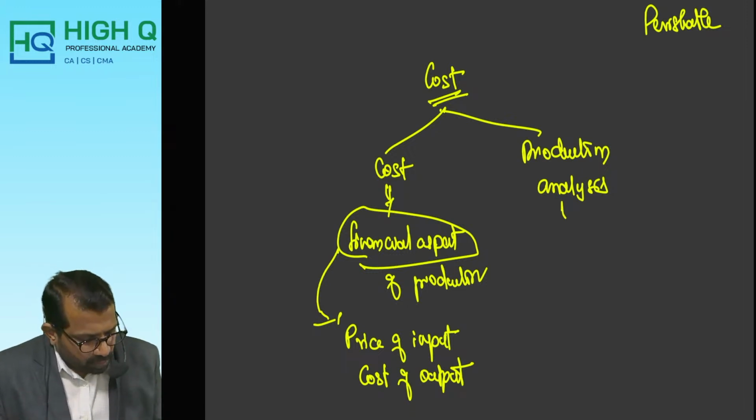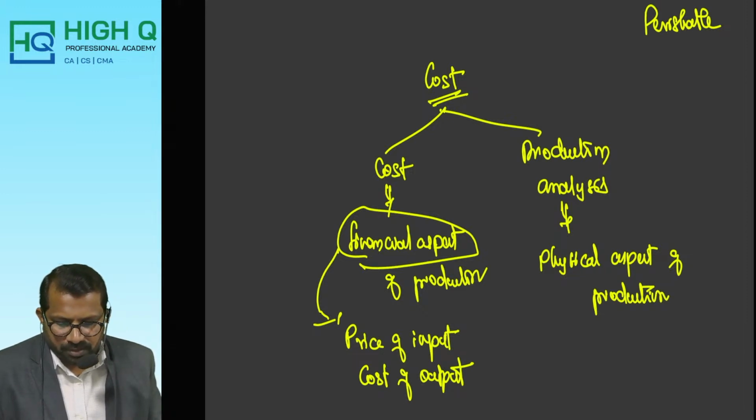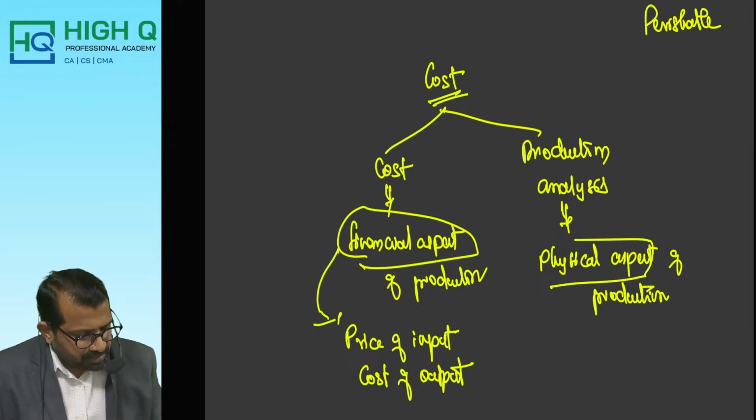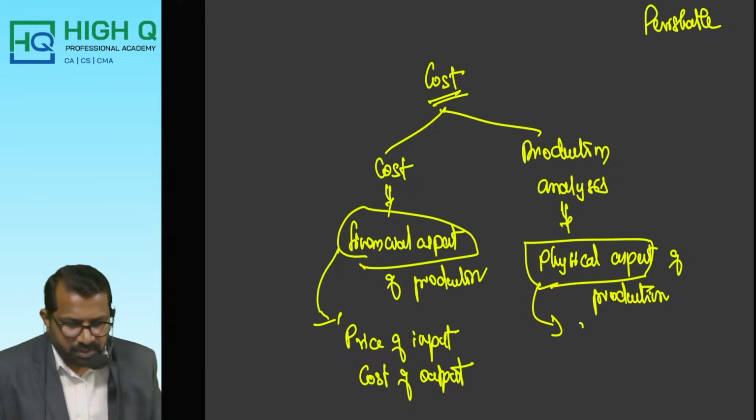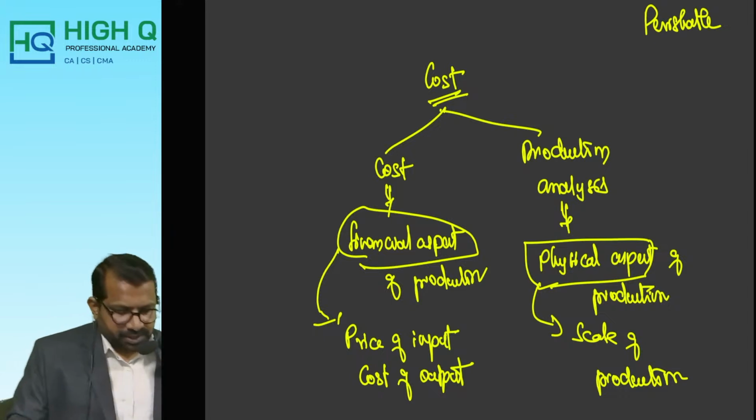What is meant by production analysis? Production analysis deals with the physical aspect of production. Physical aspect is nothing but scale of production.